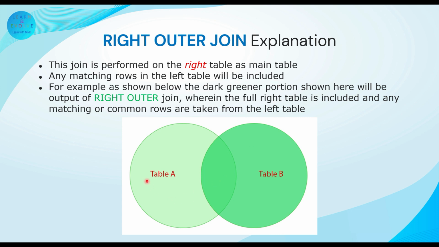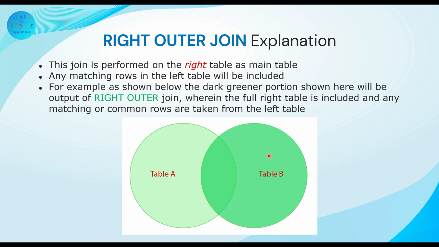So for example, there is a table A and table B. Once you perform a right outer join, it will take the table B as the main table. So the right table will be taken as main table. All of its records will be displayed.